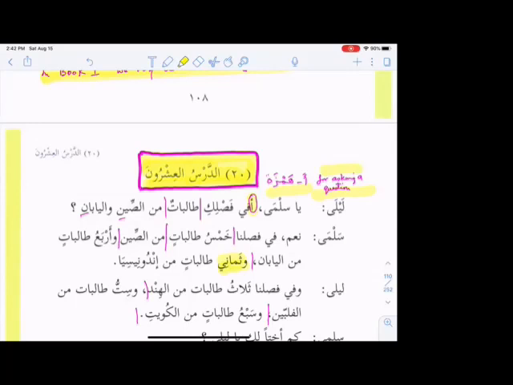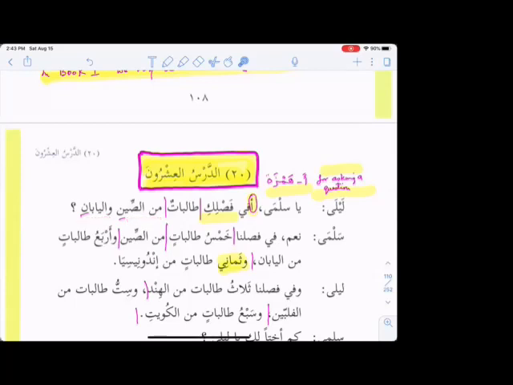Afi faslikum, afi fasliki talibatun: are there in your class female students from China and Japan?